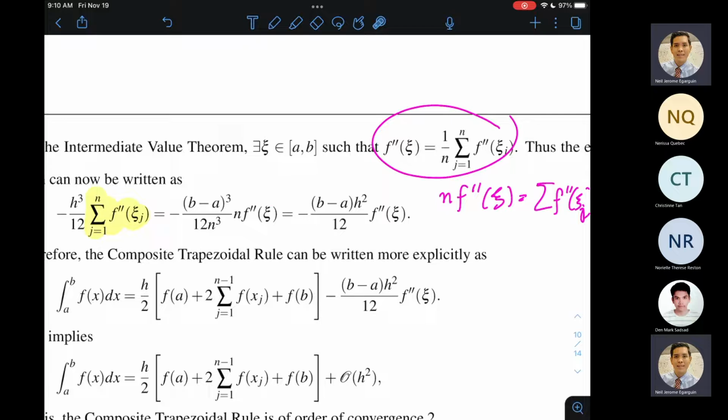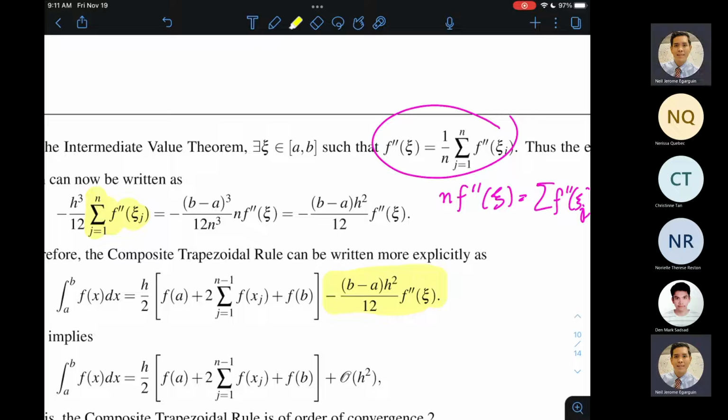Then that n squared, I can combine with one of the b minus a's, from the two b minus a's on top, and write it as h squared instead. Okay? Then you have a b minus a left over here. So essentially, the error term for the composite trapezoidal rule is given by this guy. Okay? b minus a times h squared all over 12 times f double prime of C.